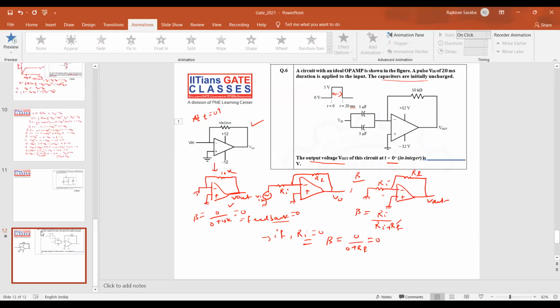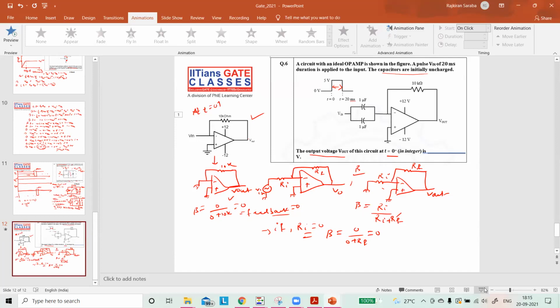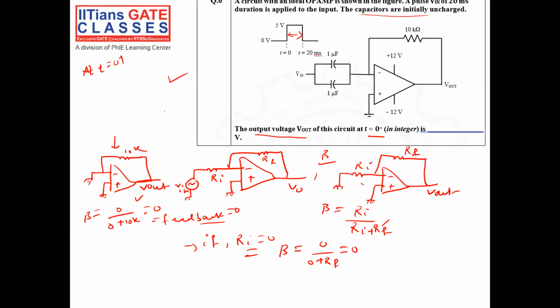So, how to calculate the V out? Here the feedback is 0, so it is not negative feedback.